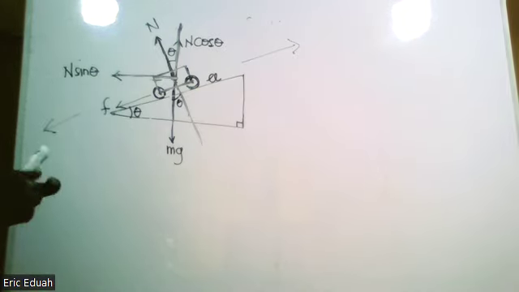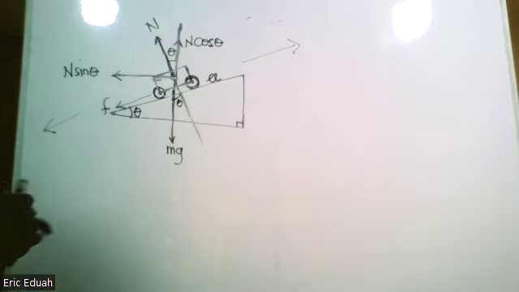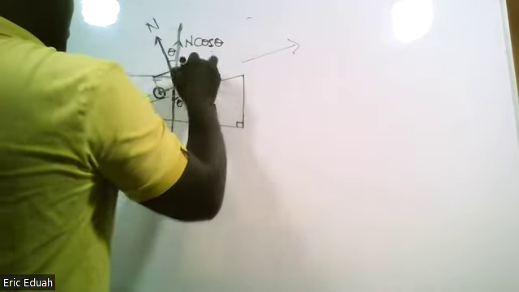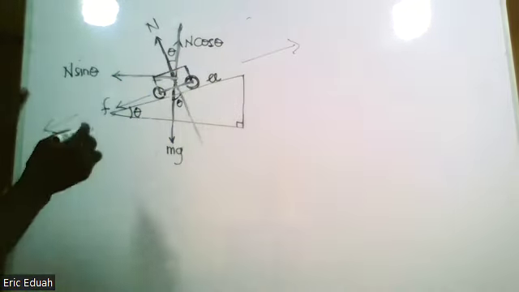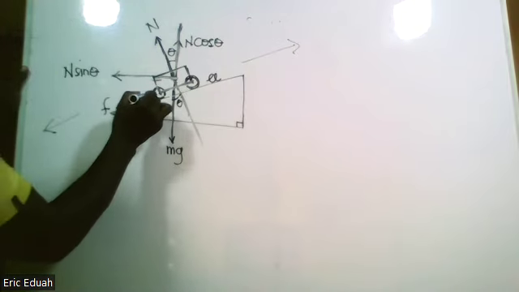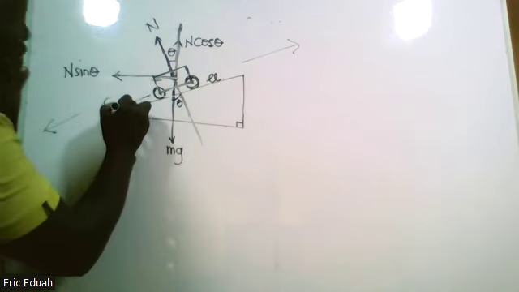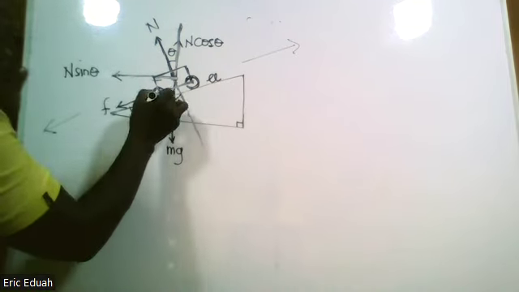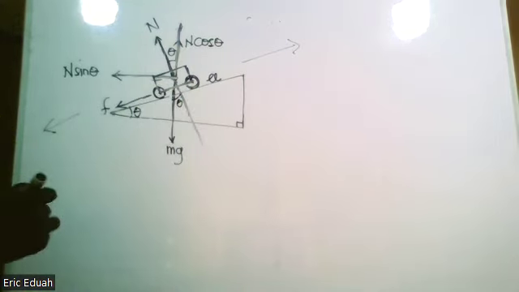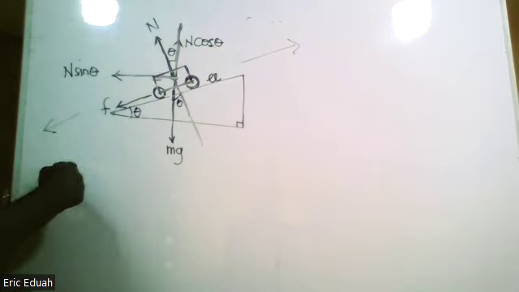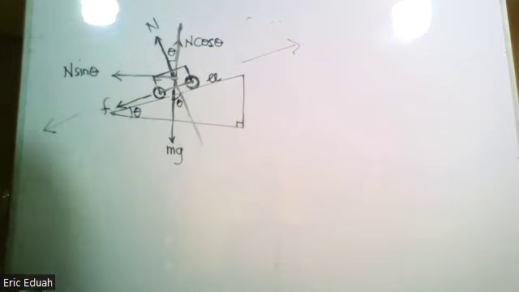And once they balance, the car stays within the circular path. The frictional force is along the surface of the road. The friction is actually between the road and the tire. And it will also act toward the center so that it will keep the car within the circular path.